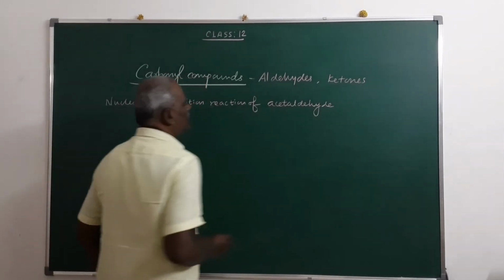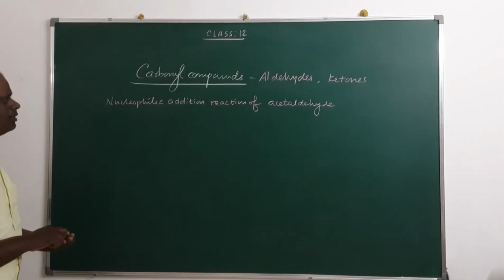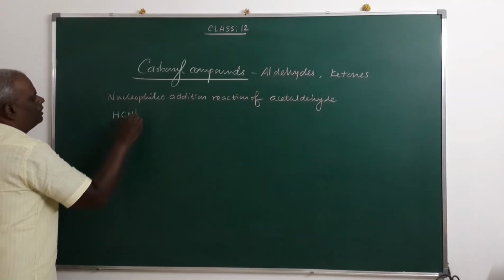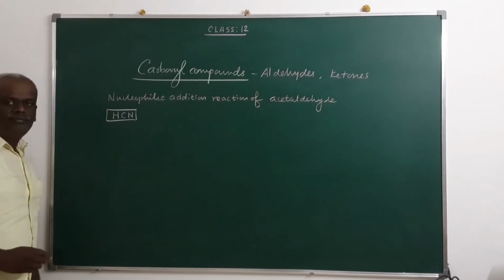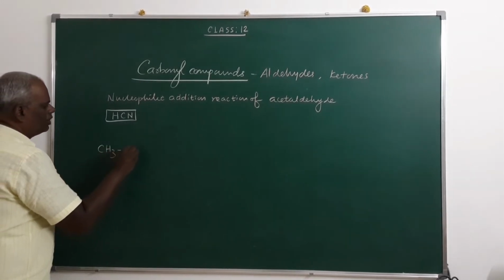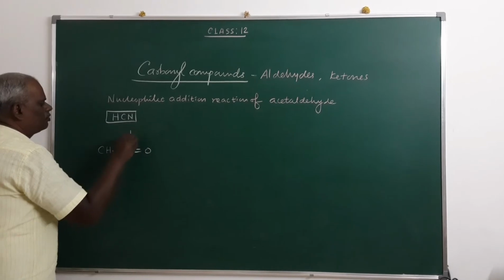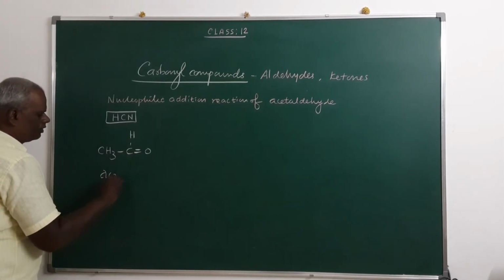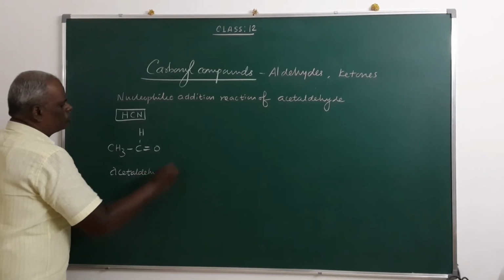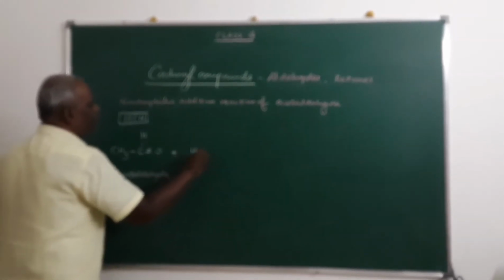The very best example for this category is the reaction with HCN, hydrogen cyanide. How is acetaldehyde reacting with hydrogen cyanide? Acetaldehyde has this formula. The compound is called acetaldehyde. It is to be treated with hydrogen cyanide, HCN.